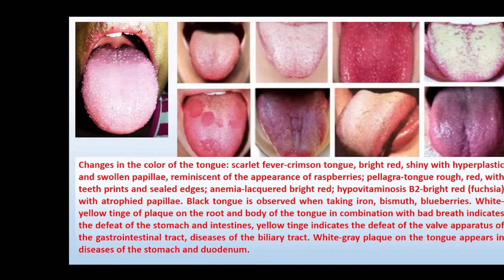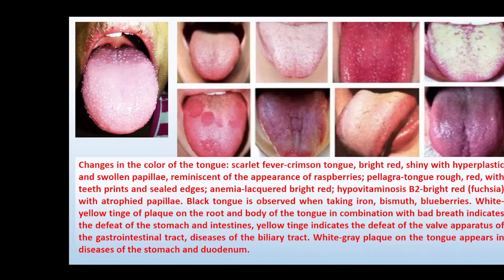Pellagra: tongue root red with teeth prints and sealed edges. Anemia: less bright red. Hypervitaminosis B2: bright red, fuchsia with atrophied papillae.